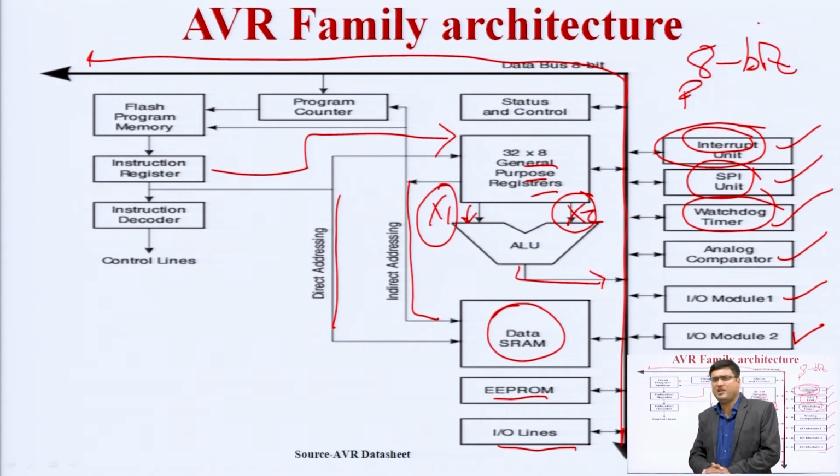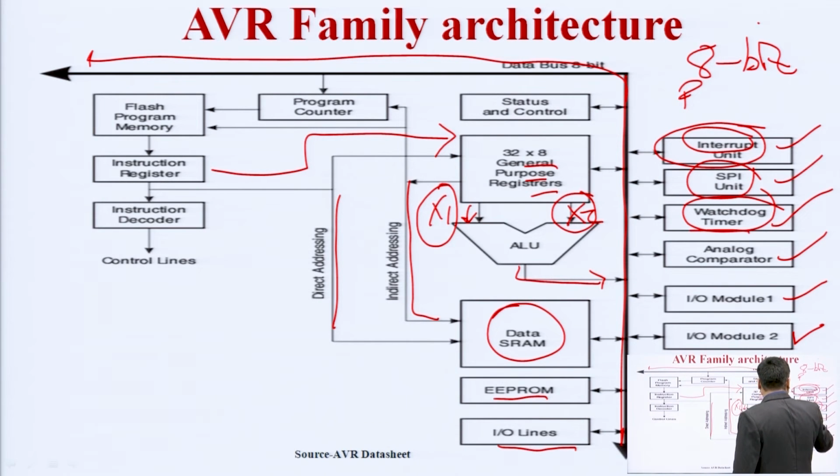If there is any type of error faced by the AVR microcontroller, the watchdog timer will monitor and take the system into some safer mode. Okay. So this is the working of the watchdog timer. There is an analog comparator as well, and input output modules. So these are the descriptions of the blocks available in the AVR family architecture.